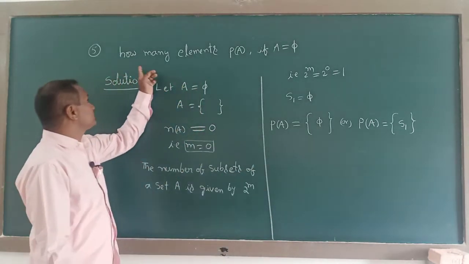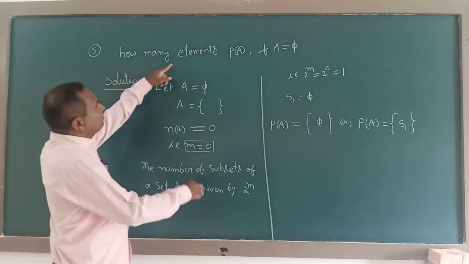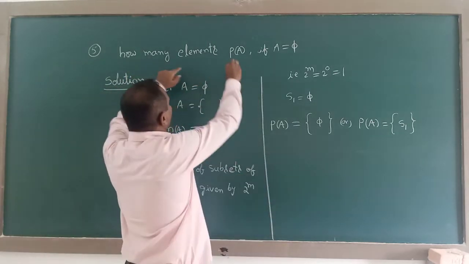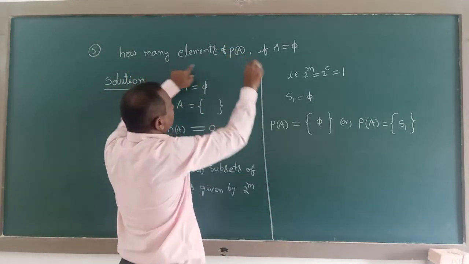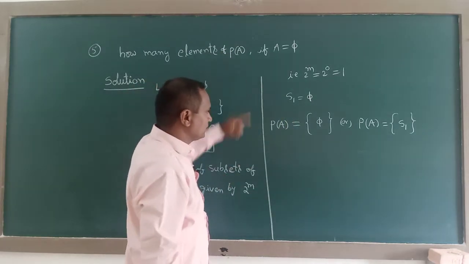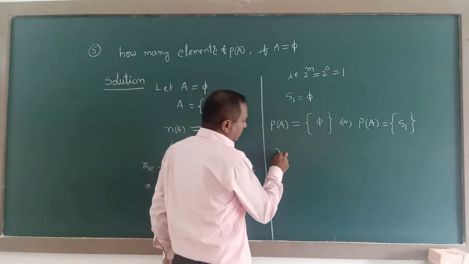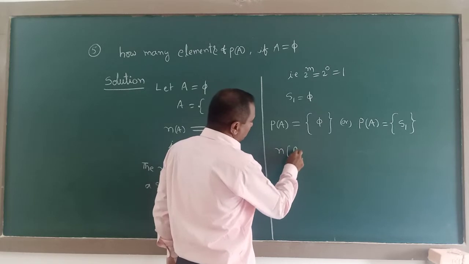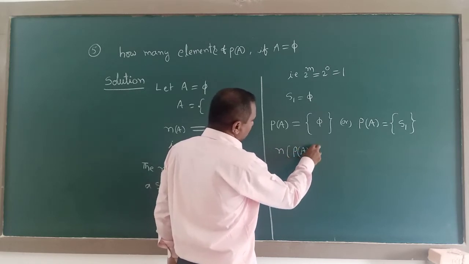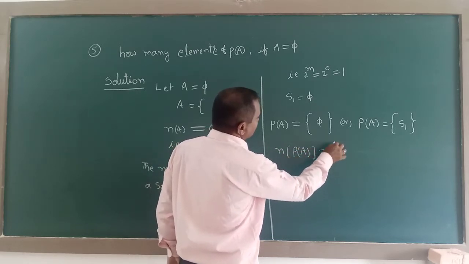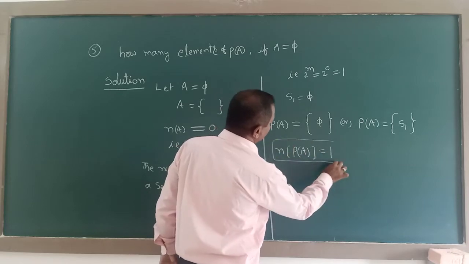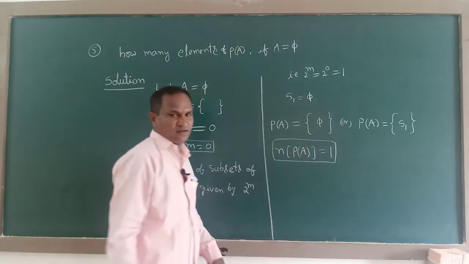If we observe the question: how many elements has P of A? Then n of P of A is equal to only one element. This is the answer for this question.